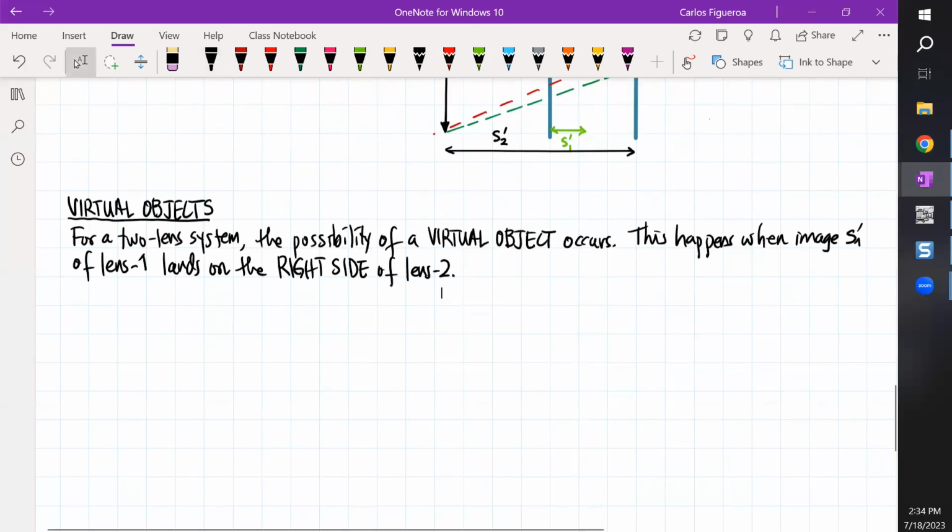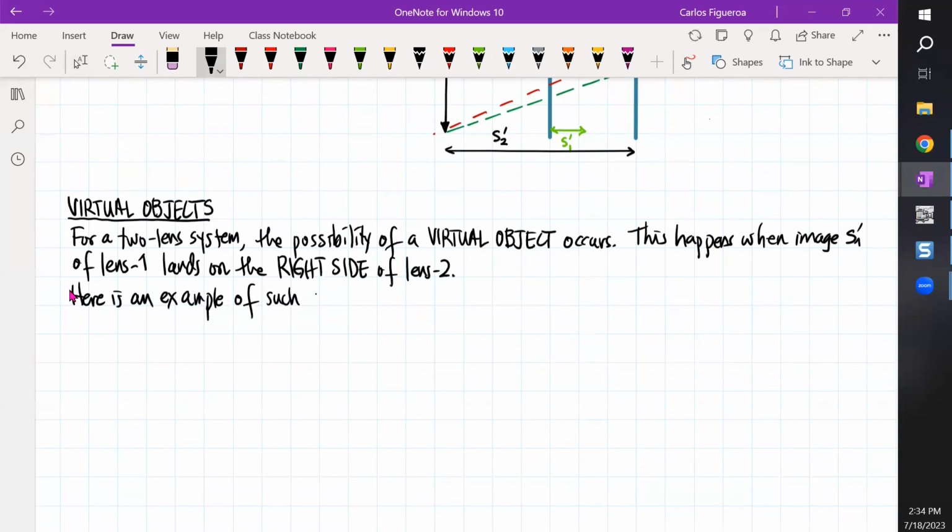So here's an example that we'll look at, an example of such a situation.